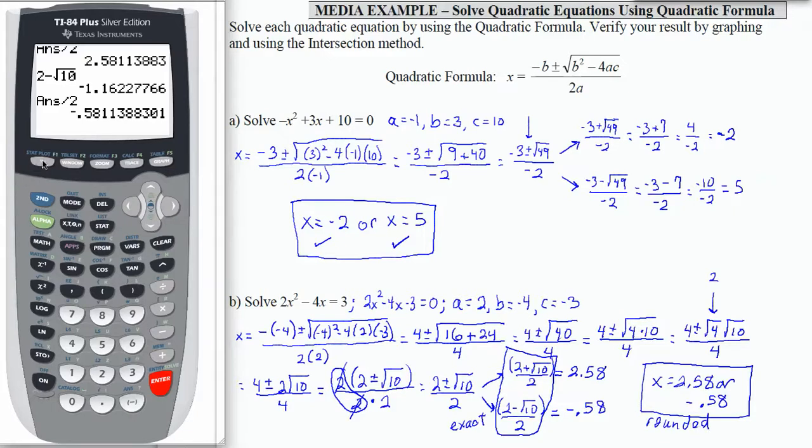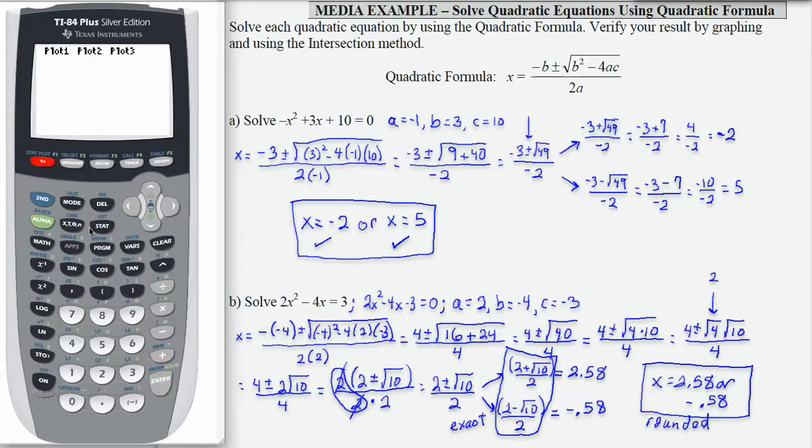Let's double check in our calculator. Going to y equals, I'm going to enter the standard form equation after clearing my y1, so that's 2x squared minus 4x minus 3. Check that I have a standard window, which I do from the previous graph.